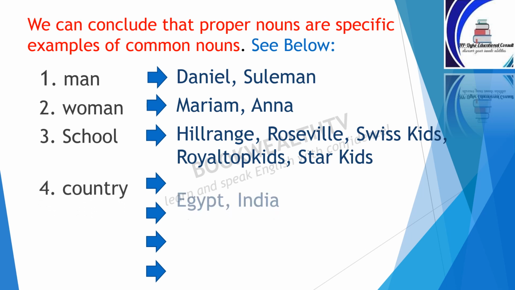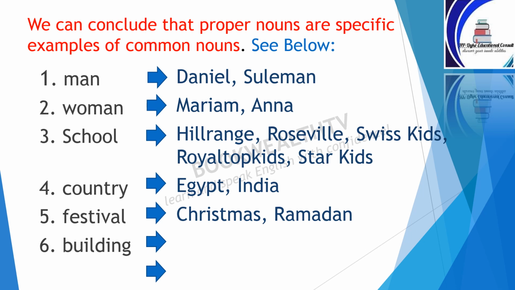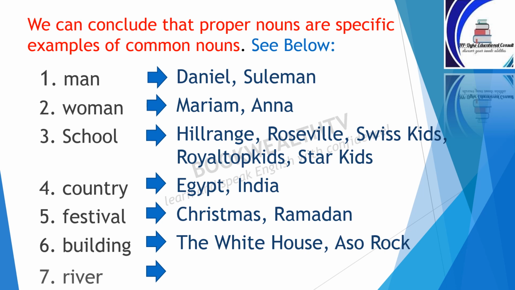Country: Egypt, India, United States of America. Festival: Christmas, Ramadan. Building: the White House, Aso Rock. River: Nile, Mississippi, and so on.